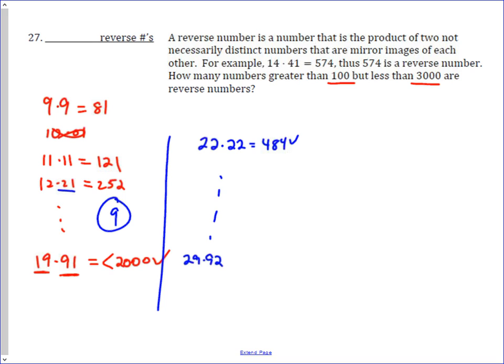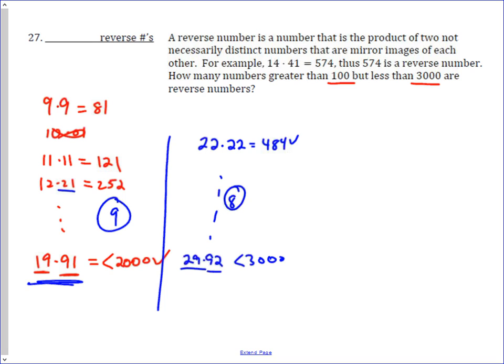That's going to work for the same reason that 19 times 91 worked: 29 is less than 30, 92 is less than 100, 100 times 30 is 3,000, so this must be less than 3,000. So all of these from 22 to 29 work, and that means you have 8 in the 20s, not counting 21, because 21 has already been counted when we counted 12.